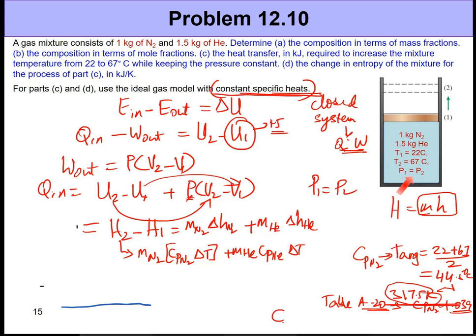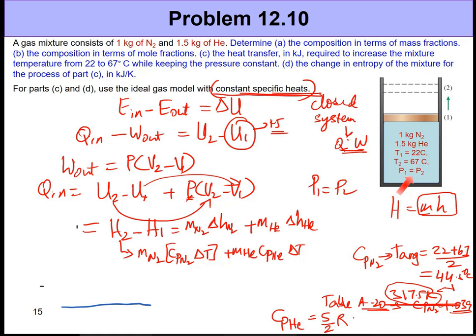Now for helium, or for any other noble gas such as argon or neon, the specific heat is not a function of temperature. It's a constant, which is 5.2 times R, where R is the gas constant that you're dealing with. The R value is going to be different for different gases for sure, so Cp of argon is going to be different from Cp of helium, but the formula remains the same.